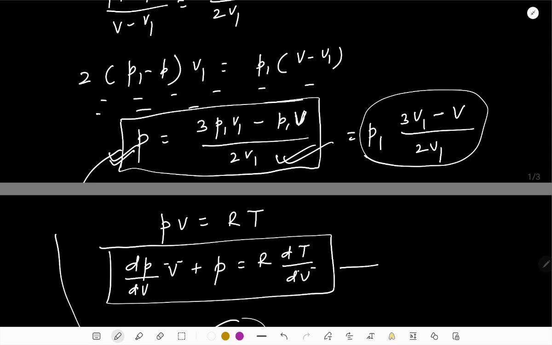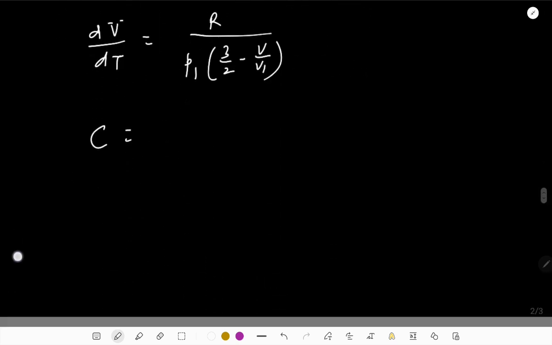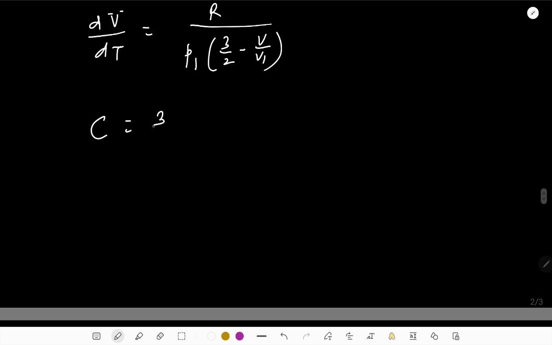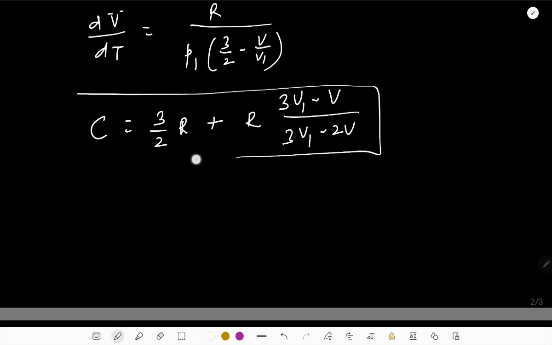After doing all those things, I'm going to get C equals 3 by 2 R plus R times 3V1 minus V divided by 3V1 minus 2V. Some steps are left, that is for you. And now we have an expression for C in terms of V.